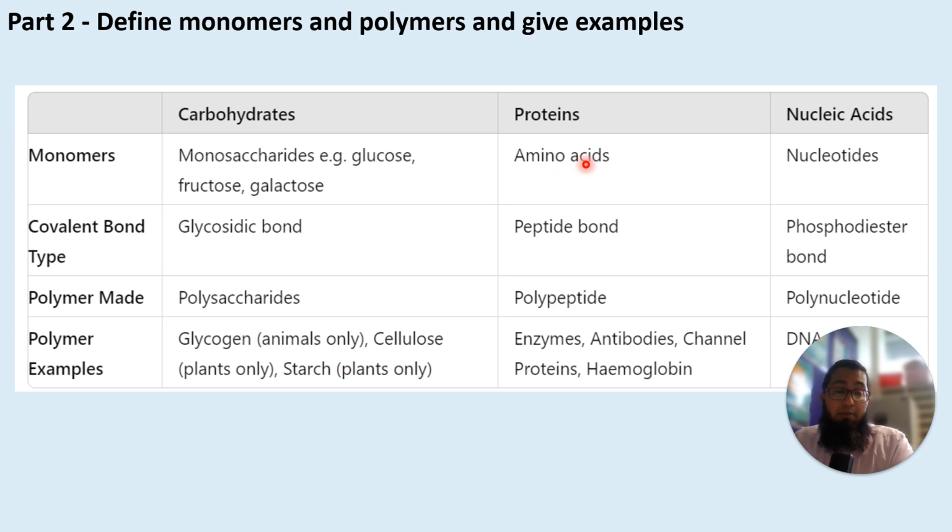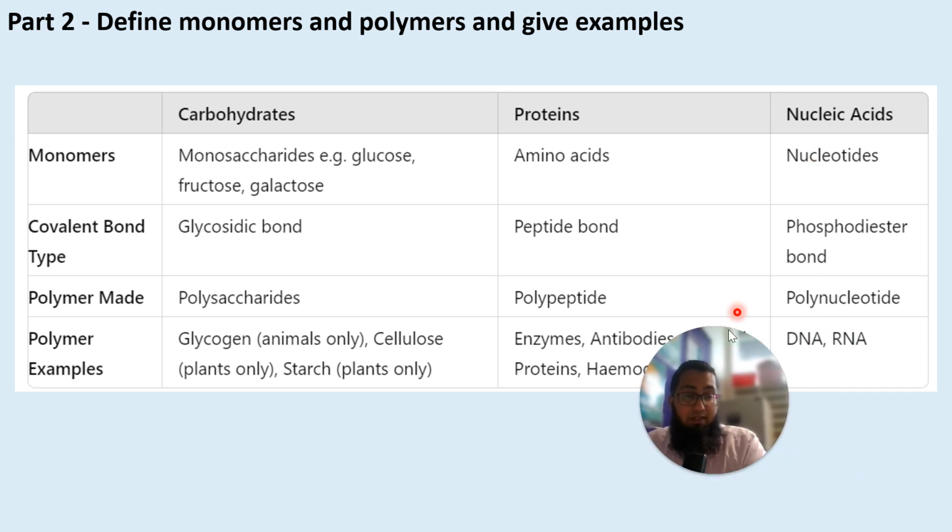Proteins: the amino acid is the monomer, the individual block, and lots of amino acids are joined together, and the bond between them is called a peptide bond, and they form a polypeptide, which is a protein. Examples of protein could be enzymes, antibodies, and so on. Let's talk about nucleic acid.